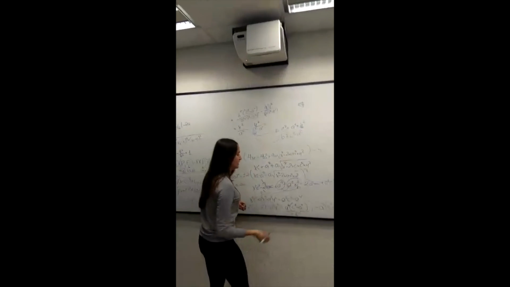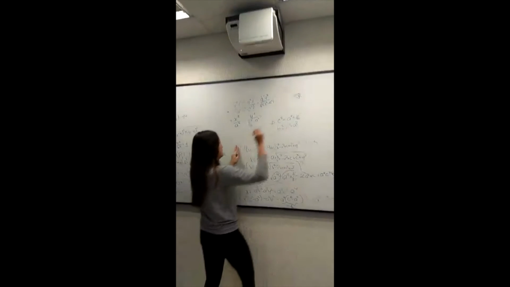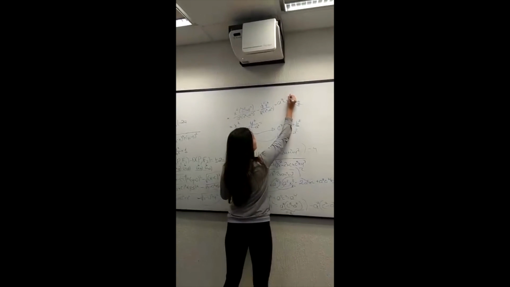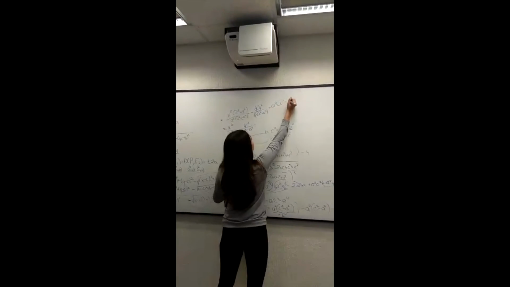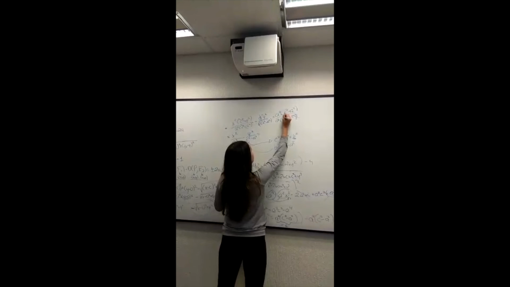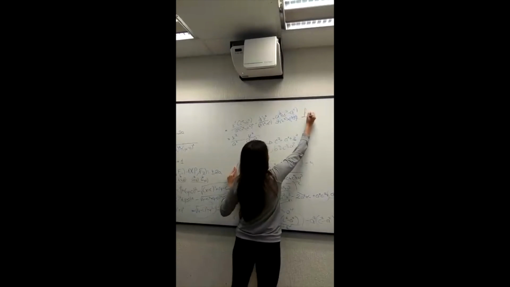We need to remember that if we simplify this term, c squared minus a squared divided by a squared plus c squared minus a squared, we have 1 here.